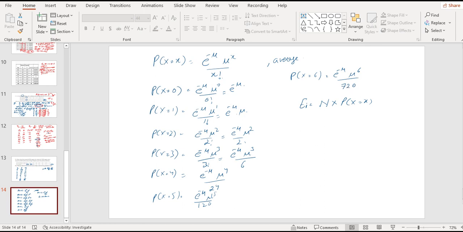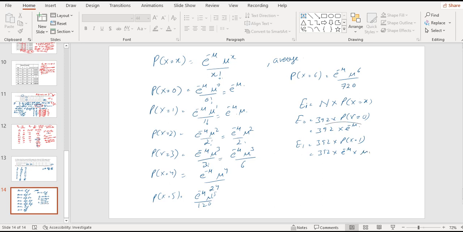So what is the expected frequency? For the first one, E0 is 392 into probability x equal to 0. So probability x equal to 0 is e raised to the power minus mu. What is E1? It is 392 into probability x equal to 1. So this is 392 into e raised to power minus mu into mu.